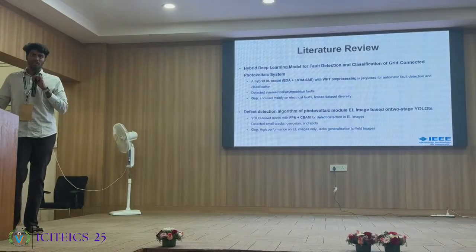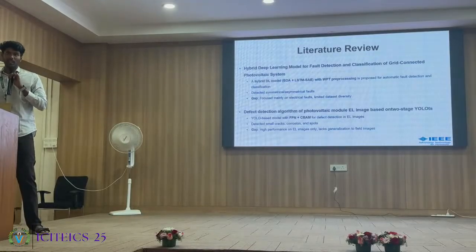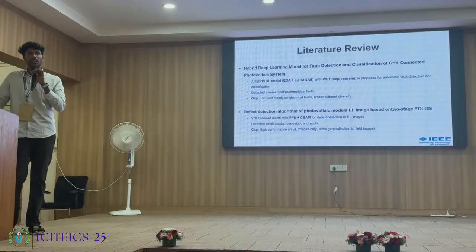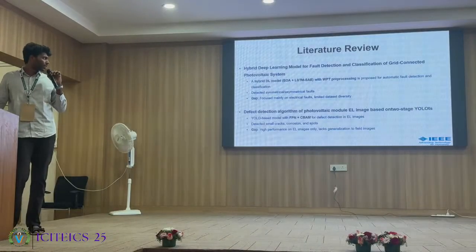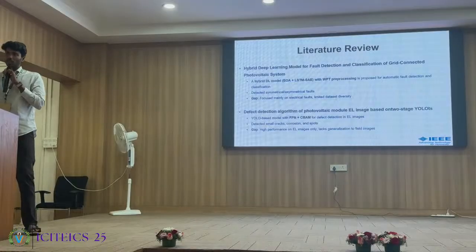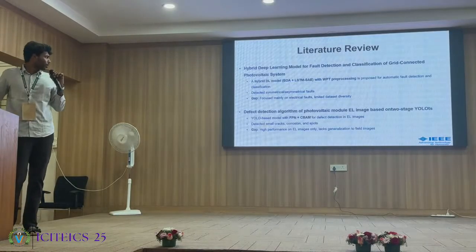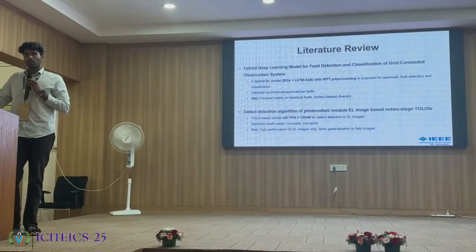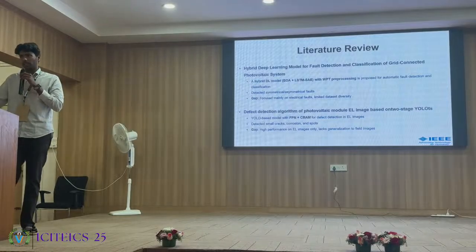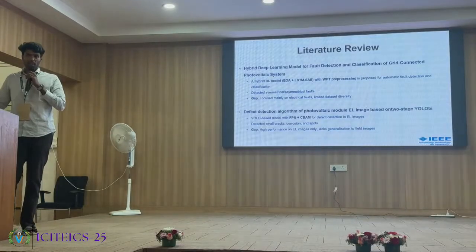The main disadvantage or gap of this paper is that they only used EL images. Normal images will be fine, as they are available everywhere, but EL images are very limited. Electroluminescence images are hard to find and also hard to process, and very difficult to find in a normal environment. So they performed only on EL images. They did not perform on other types of images like infrared images and normal images.